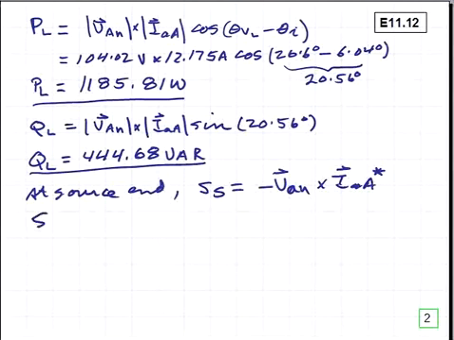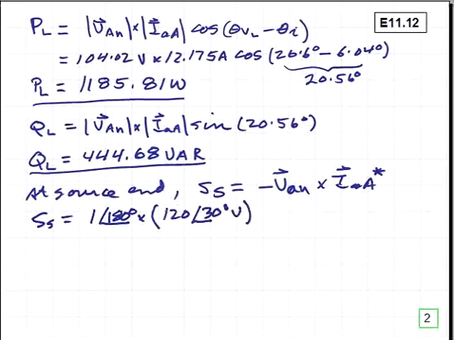Thus, S sub S is equal to the minus sign, which we can write as 1 at an angle of 180 degrees, and then we have that times the voltage, which was given as 120 at an angle of 30 degrees volts.